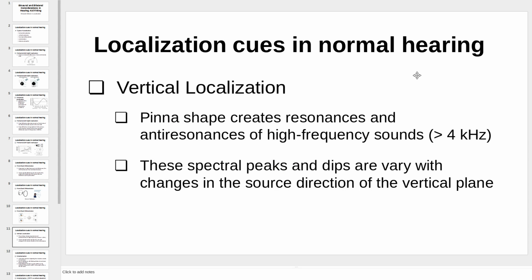Moving on to vertical localization, we're really taking advantage of a lot of the same things in terms of spectral shaping, or that pinna effect. When sounds change in elevation, again it's the infolds of the pinna that create constructive and destructive interference, which result in these spectral peaks and dips, and the exact frequencies at which those peaks and dips occur vary as elevation changes.